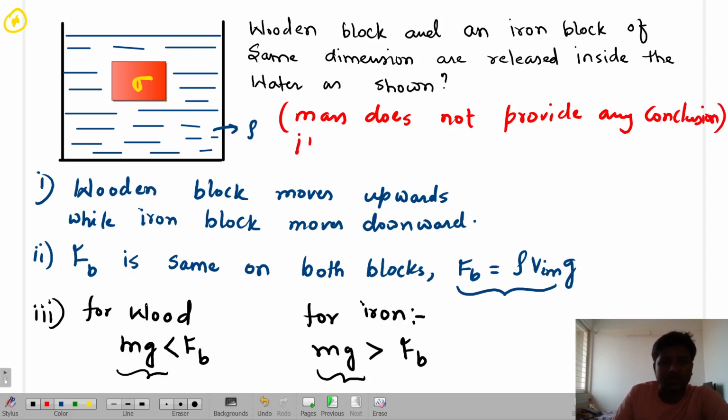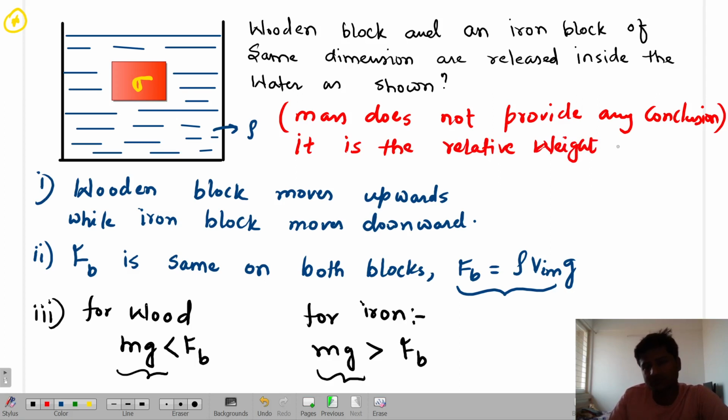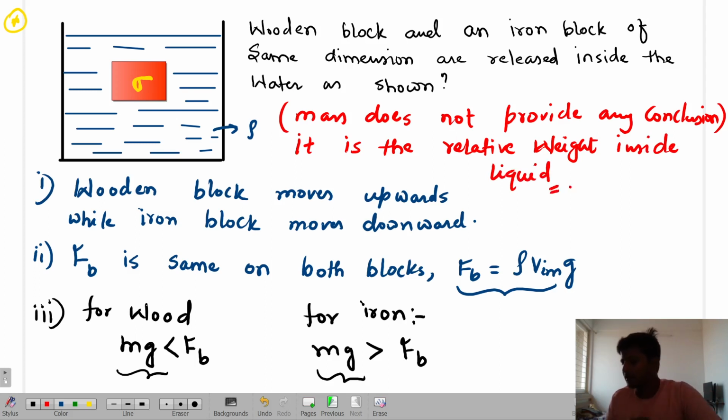It is the relative weight inside water. Relative weight means effective g value inside the water. Are you able to get me? Okay, so based upon this, we'll talk more.